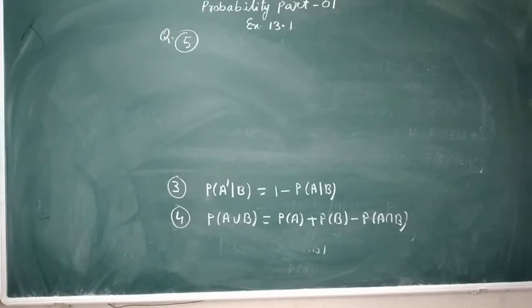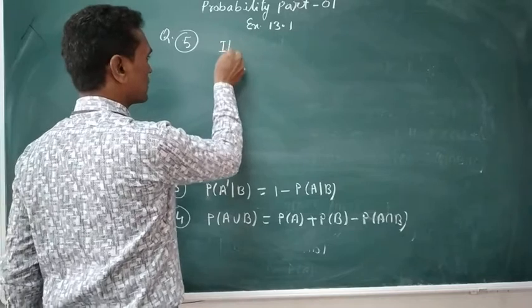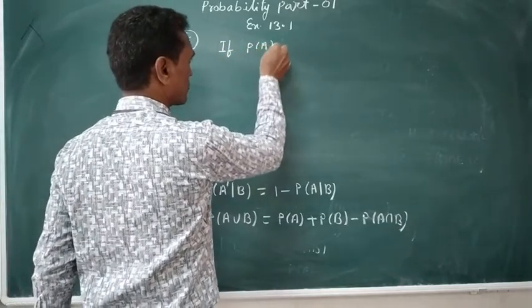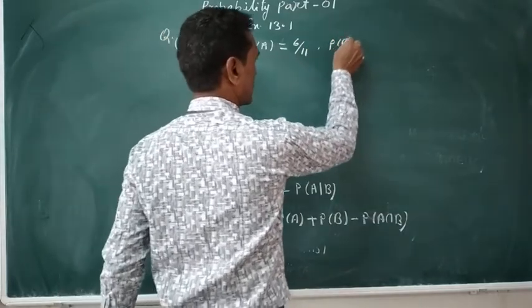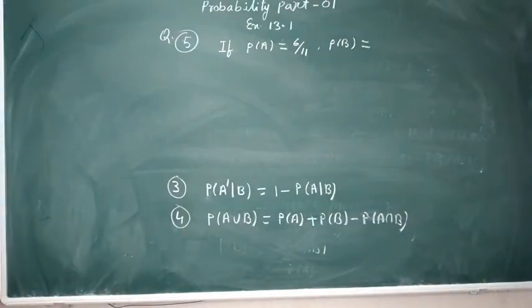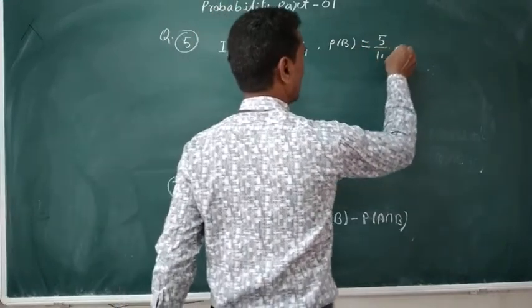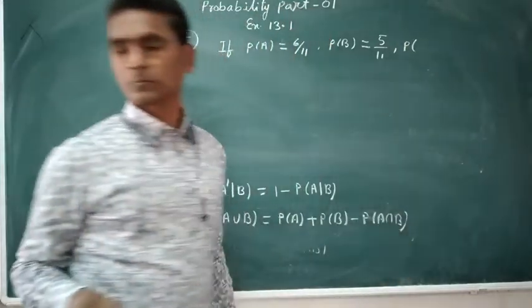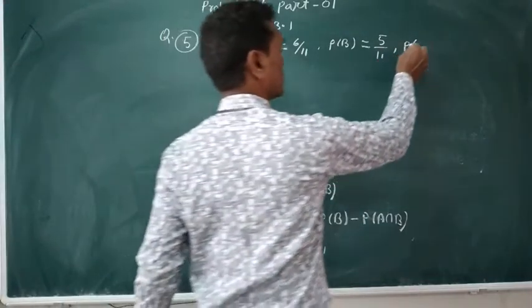P(A) is 6 by 11, probability of B is 5 by 11, and probability of A union B is 7 by 11.